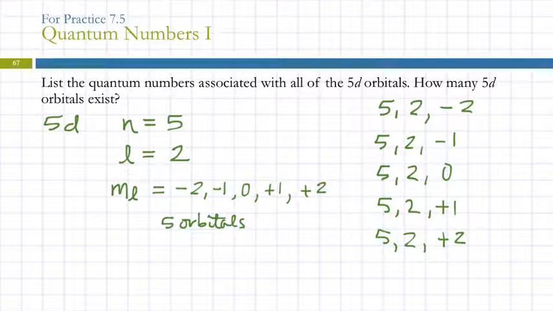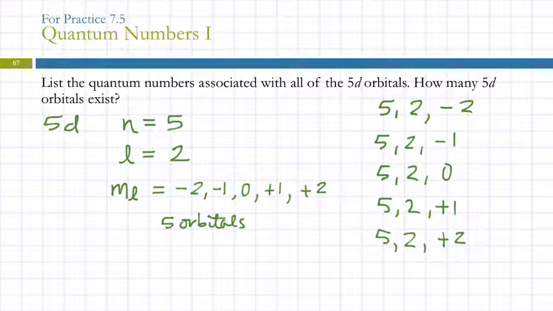The 2 tells us what floor we're on, right? And in the chemistry building, the classrooms, there's 200, 220, 230, 240, 250, 260, 270, right? So the 2nd digit tells you which room. Now, we don't have a designation maybe for which bench you're at or anything like that, but it's the same kind of idea. So this one might be 5, 2, minus 2. That describes a particular place, a particular kind of environment for an electron.